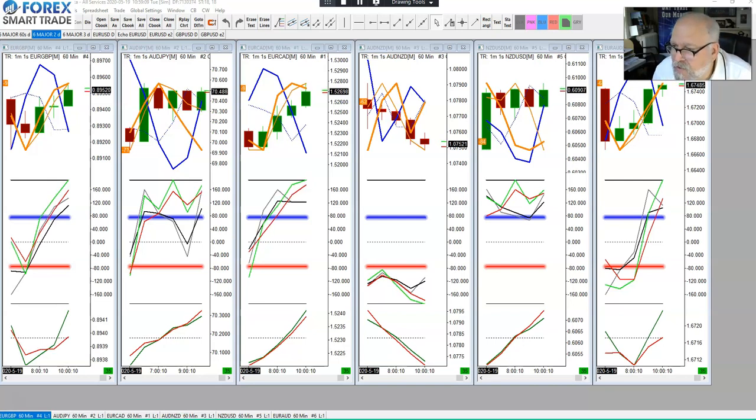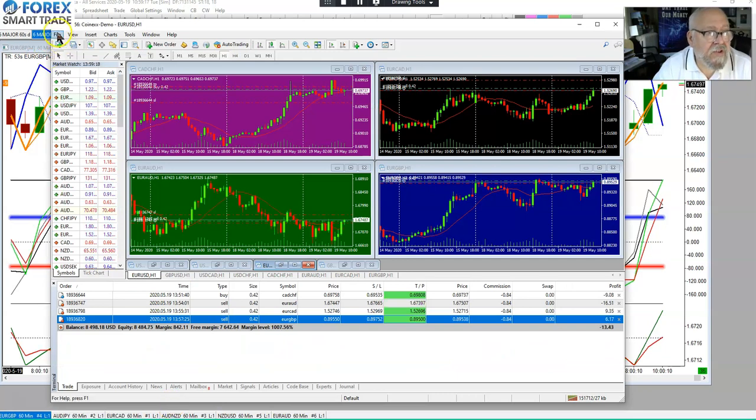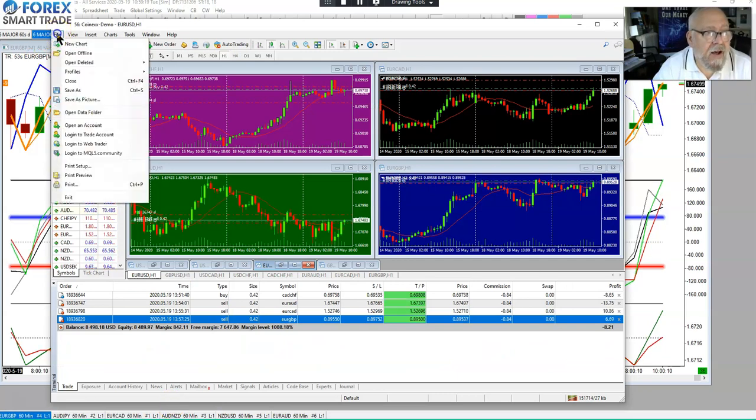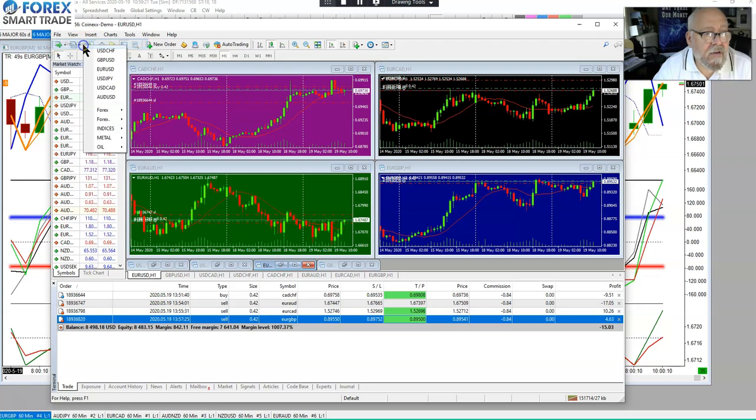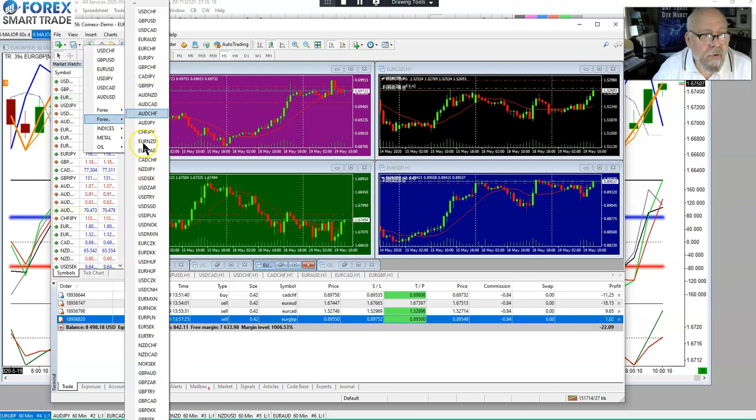How do you add a currency pair to CoinEx? To add a currency pair, we just go to File, New Chart, and then we try to find the pair. So it's in 3 groups. First group, second group, third group.